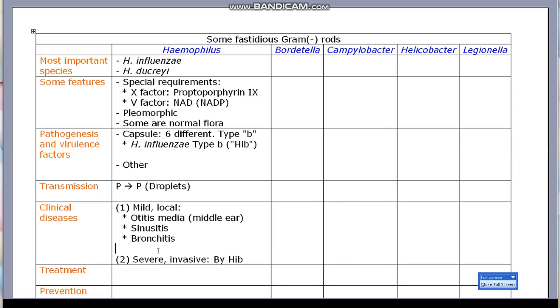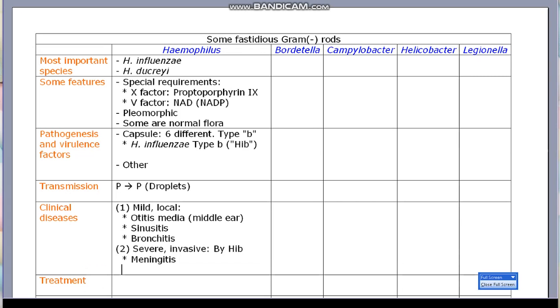The severe invasive diseases are mostly produced by Haemophilus influenzae type B. And from this, the most severe is meningitis. So look, Haemophilus influenzae type B is another cause of meningitis. Pneumonia.